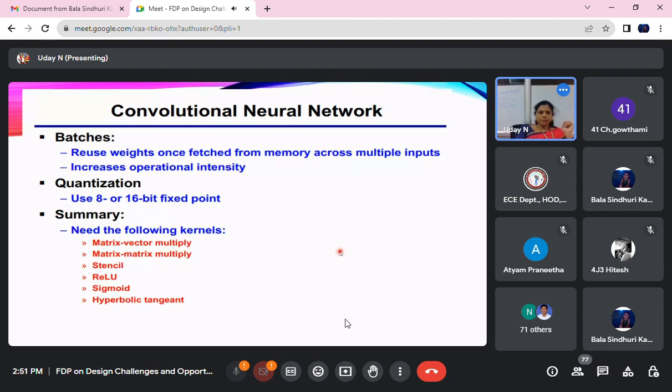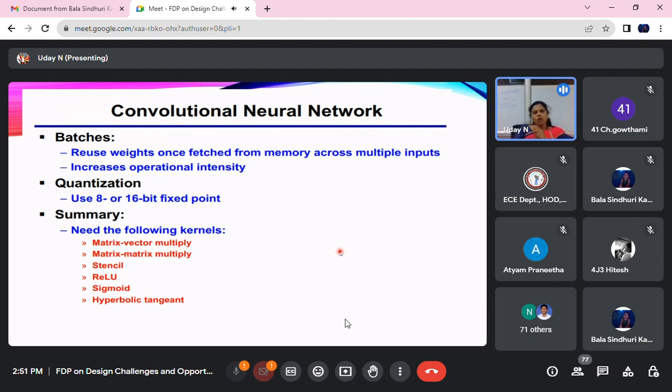So here, to reduce this many computations, instead of considering each input, we just consider a batch of inputs across the input layer, and we reuse the weights once fetched from the memory across multiple inputs. So what happens? This increases the operational intensity, or it gives an ease in the number of operations.